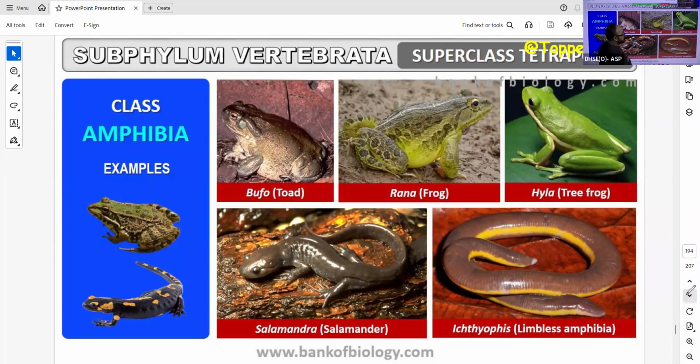Ichthyophis is a very important potential question, asked severally in various examinations. Remember this. It looks like a snake, but it is not a snake, rather a harmless amphibian. It is known as Ichthyophis, or limbless amphibian.